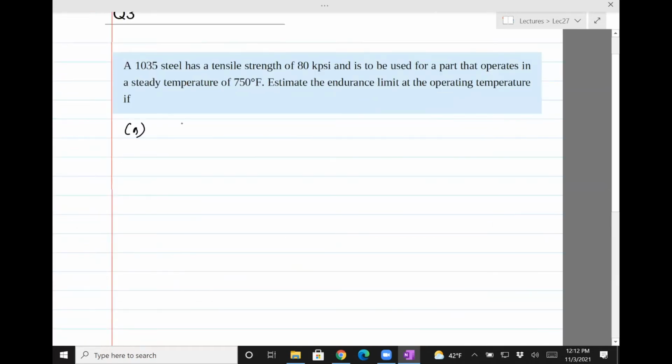A, the tensile strength at room temperature is known. Okay, that is, we don't know the endurance limit.